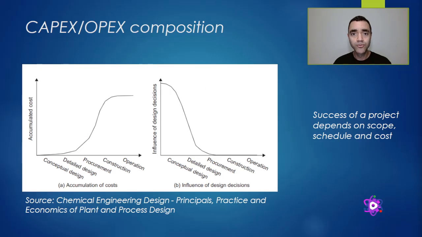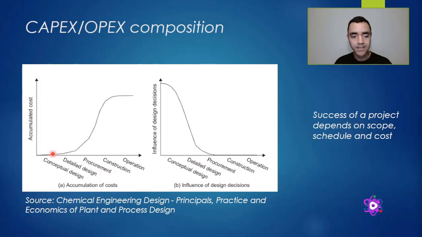Before showing you how to activate cost estimation on Aspen HYSYS, let me emphasize how is the cost behavior of a project. See here that we have the phases of the project divided in conceptual, detailed, procurement, construction, and operations. And it's normal in any project that you expend less money, and this is an accumulated cost.